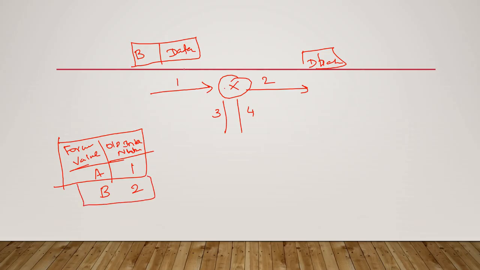When this piece of information B comes, it will check the value in the routing table. Where do I need to forward this packet, 3 or 4 or 2? Now we check the routing table, or otherwise the forwarding table, called FT or RT. RT is nothing but routing table, and FT means forwarding table. The forwarding table contains the information that when B comes, we need to transfer it through interface line 2.